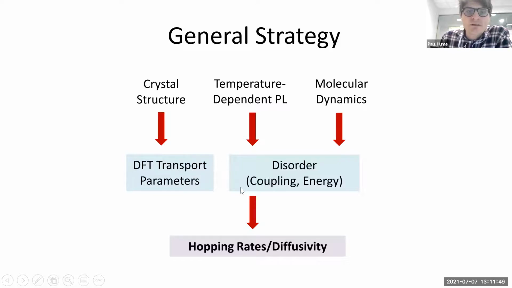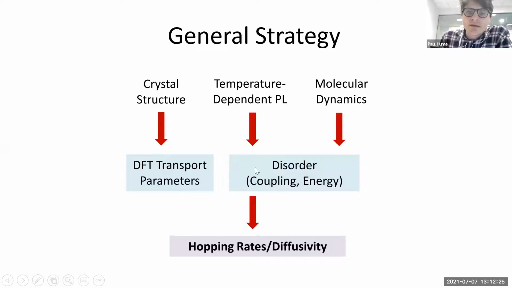To introduce disorder and randomness into the couplings and the energy, we use the experimentally determined temperature-dependent PL, which gives you the disorder width, so that gives you the disorder in your energy. Then we do a molecular dynamics simulation of a supercell, and use that to at least take a guess at the disorder in the coupling.